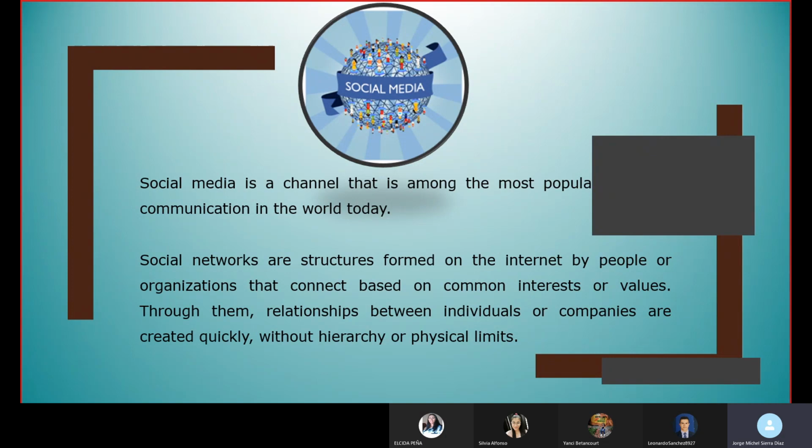This social media enables me to connect with people of different countries or cultures. To me, social media has changed the way we communicate.